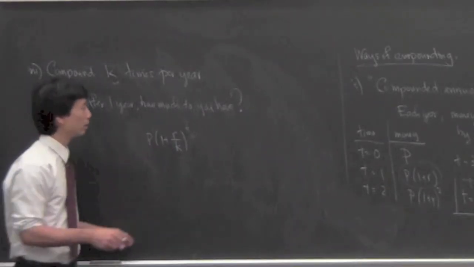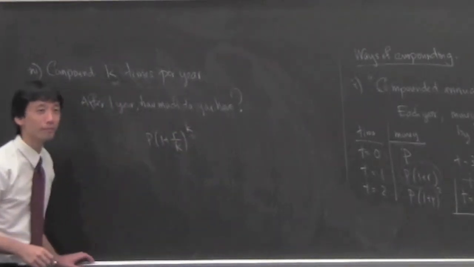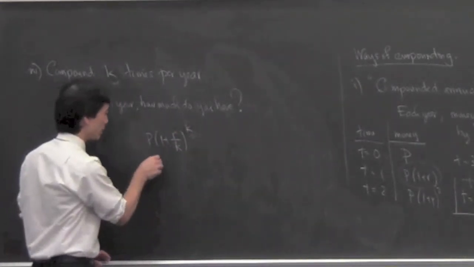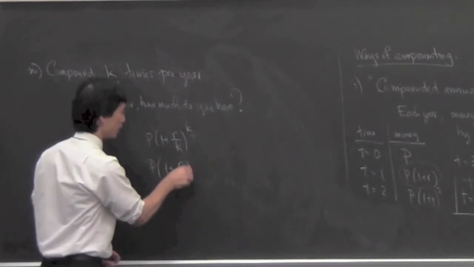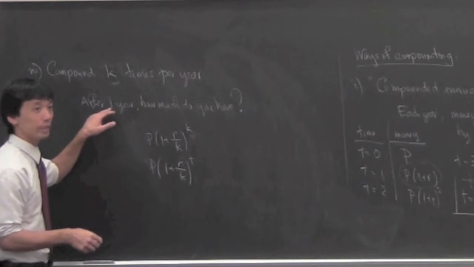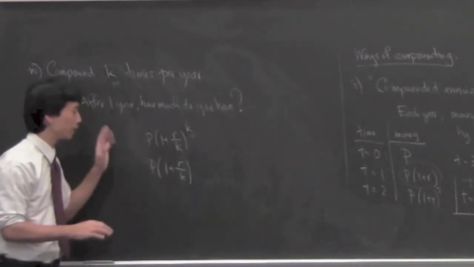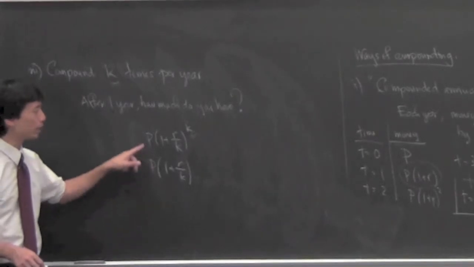You would have had a k up here? Okay, so there are two guesses basically. 1 plus r over k, to the kt. And we're doing it at 1 year, so I think this should go to the power of 1. Here's one guess, and here's another guess.